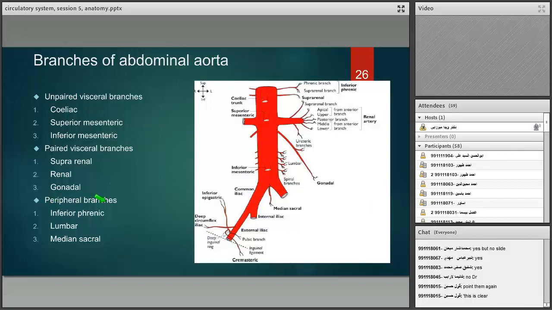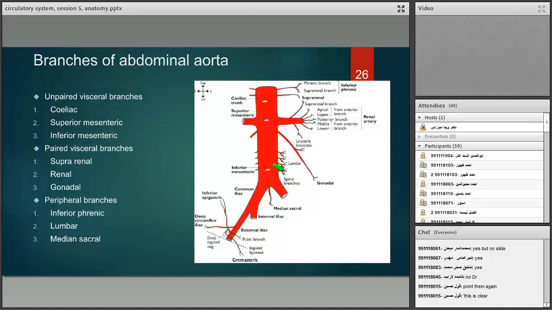The next group of vessels are the peripheral branches. They are not supplying the blood for the viscera, but for the wall, for example, of the abdomen or other parts. What are they? One of them is the inferior phrenic, which is paired.